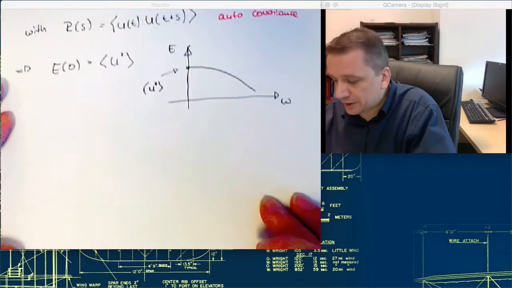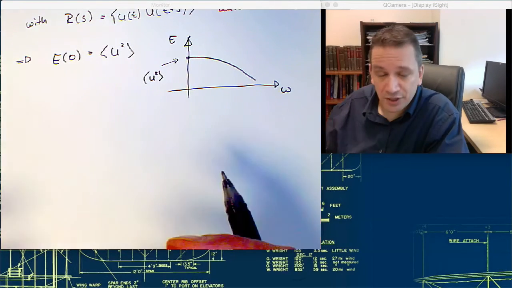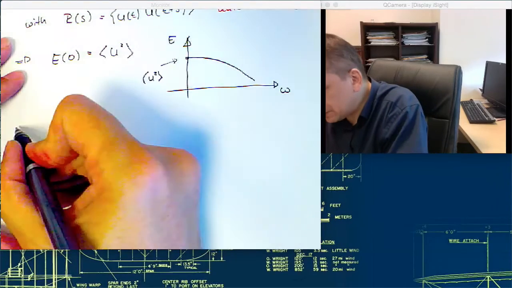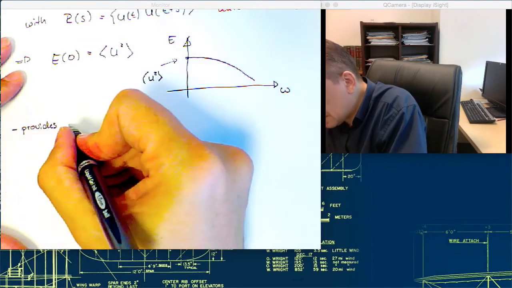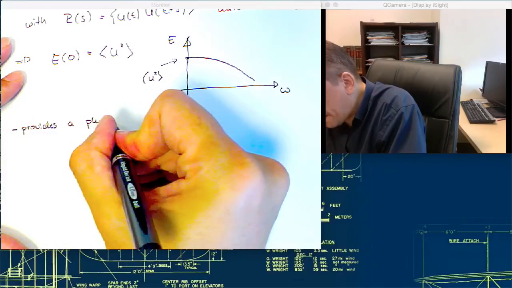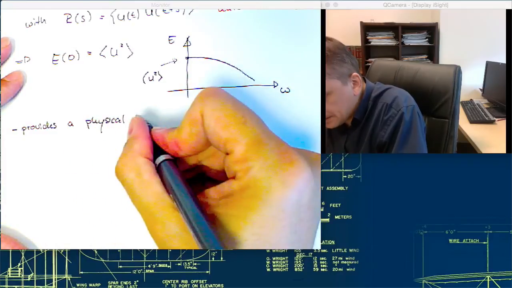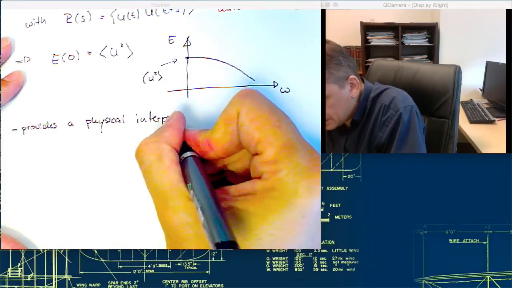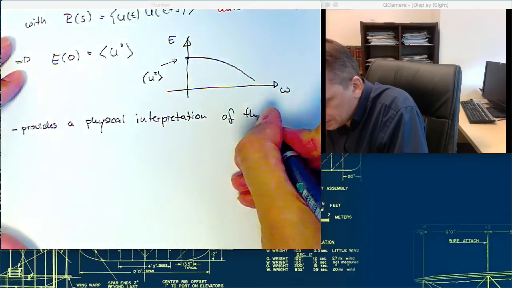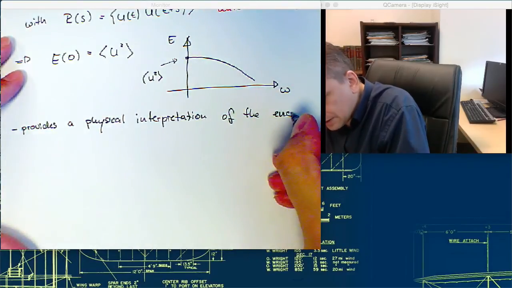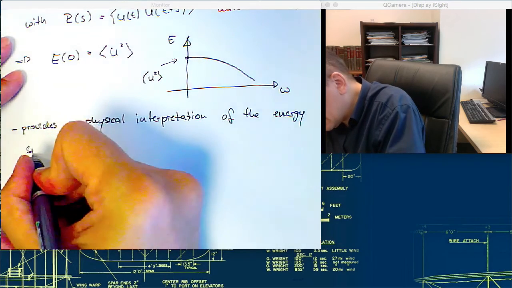So this energy spectrum provides you with a physical interpretation of that frequency spectrum.